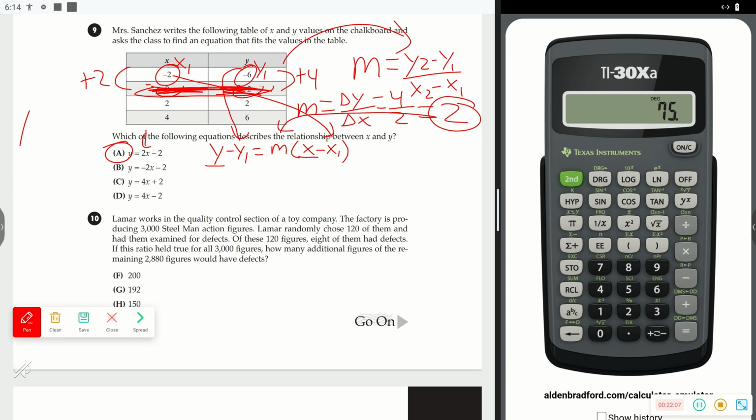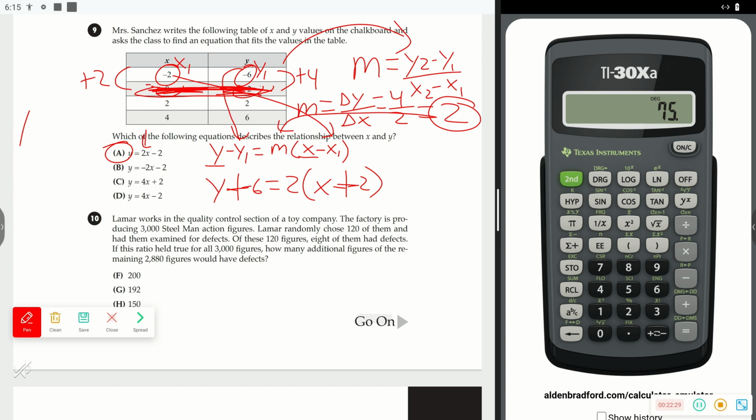X and y always just stay x and y in point-slope form. So we're going to have y minus y1, which is -6, equals our slope of 2. X stays x, minus x1. x1 is a -2. So in this case, I turn my double negatives into big plus signs.